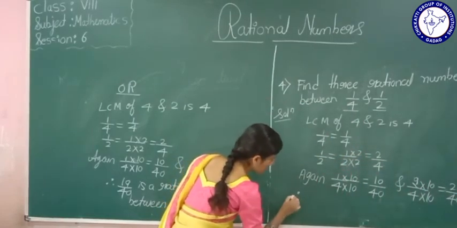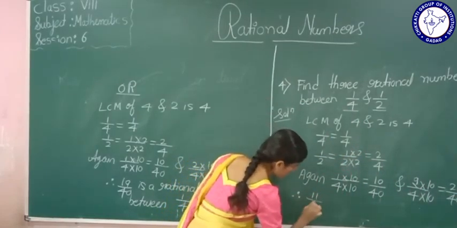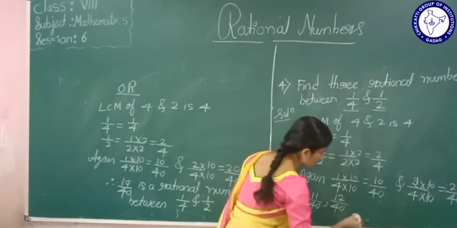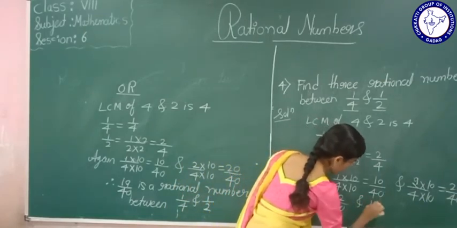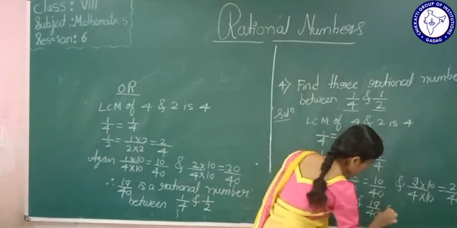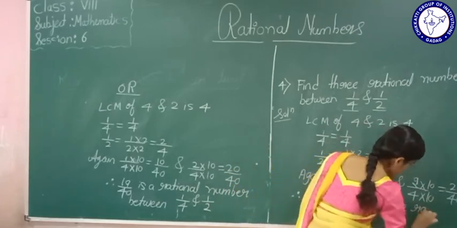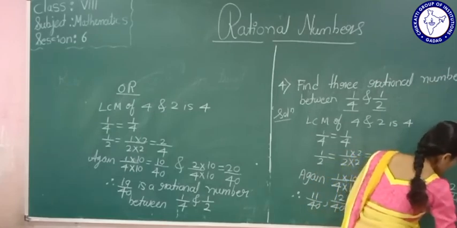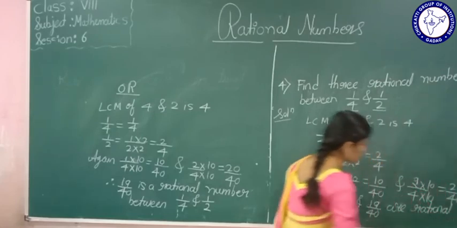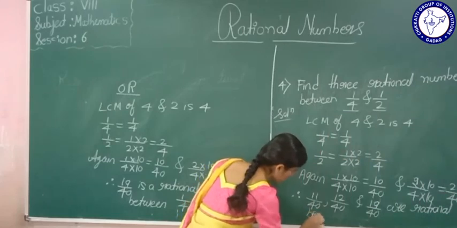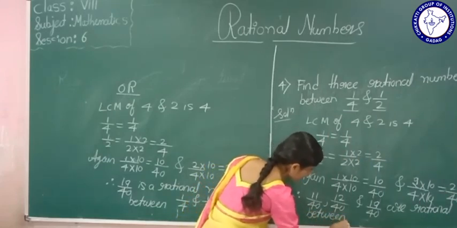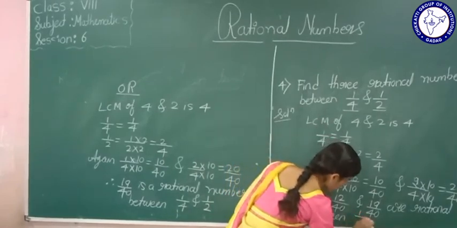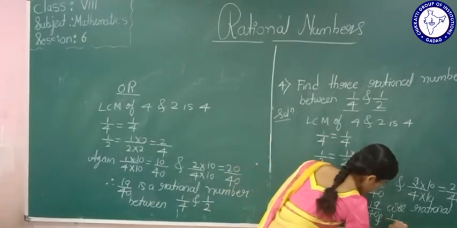Therefore, 11 by 40, 12 by 40 and 19 by 40 are rational numbers between 1 by 4 and 1 by 2.